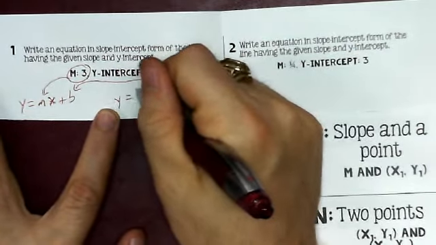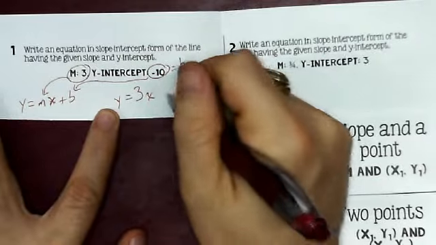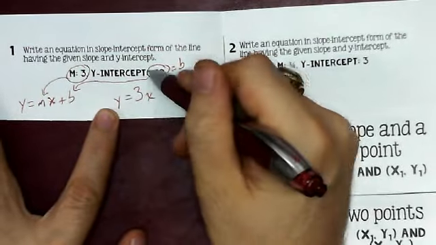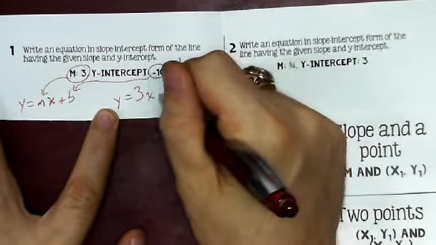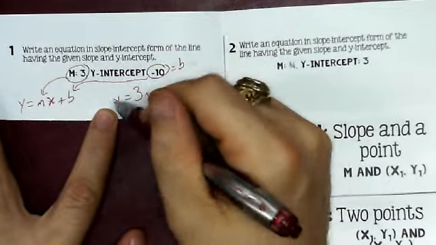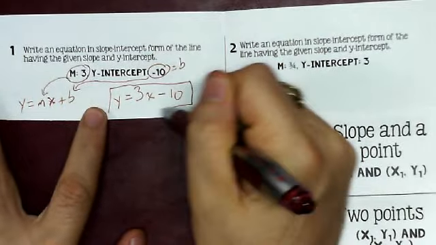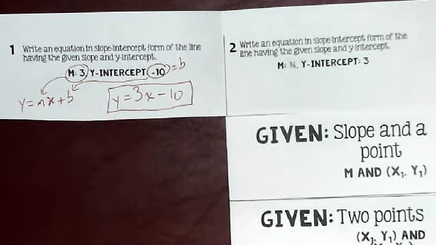So I just write y equals 3x. Now instead of plus, because this is negative, I'm going to put a minus 10. And you can't ask for anything simpler than that. If they give you m and the y-intercept, then they have given you the equation.